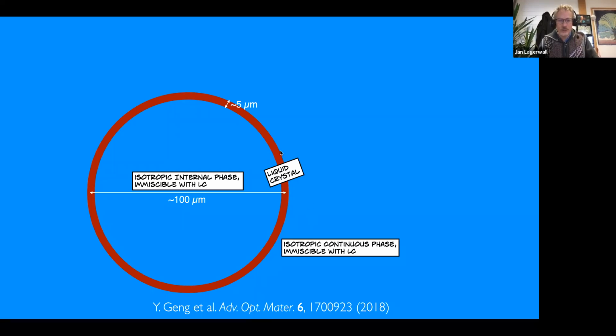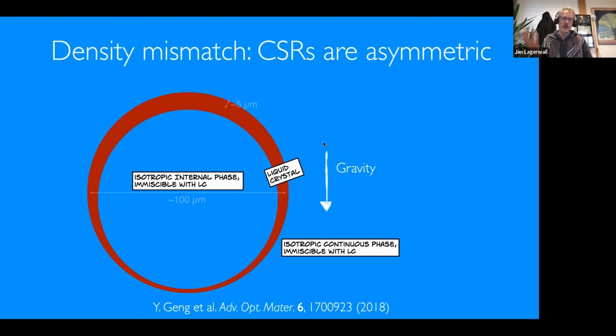Another interesting thing with this is that because we have two different phases, we have a water phase here, and then we have the liquid crystal phase as a shell around it. These are different phases, so they don't necessarily have the same density. In fact, they almost never have the same density. And we are on Earth, so gravity affects what we're doing. And that means that if, for instance, the liquid crystal is a bit lighter than water, then the water droplet will sink to the bottom and make the shell thinner at the bottom and thicker at the top.